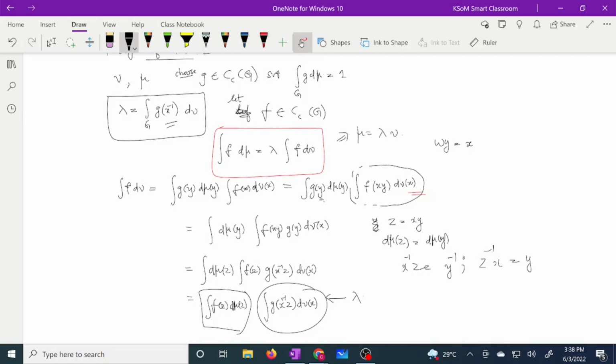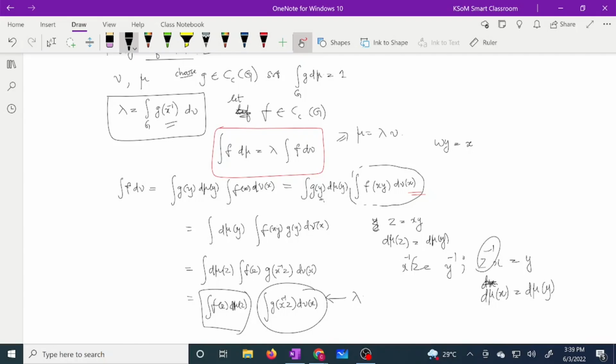Look at this one. x inverse z is equal to y. No, y inverse. If I am doing this change of variable, then I am getting z inverse x equal to y. Now here I will have dx equal to dy, d mu of x equal to d mu of y, because here I am translating on the left by z inverse.